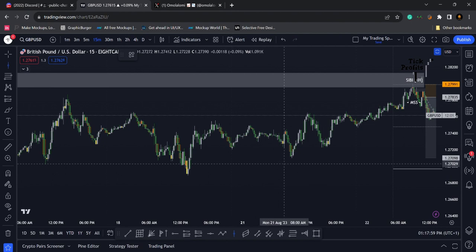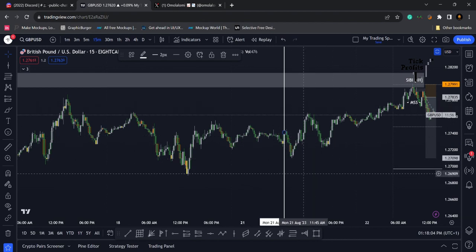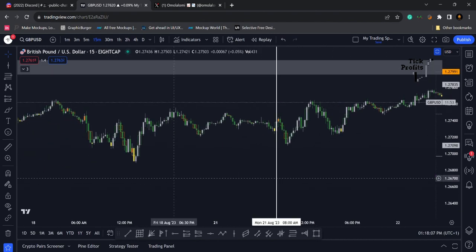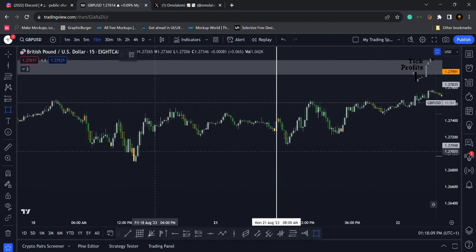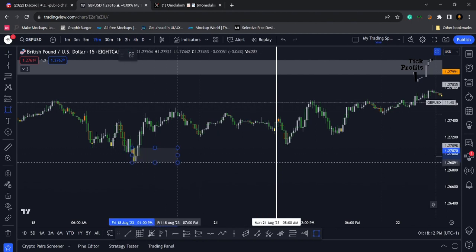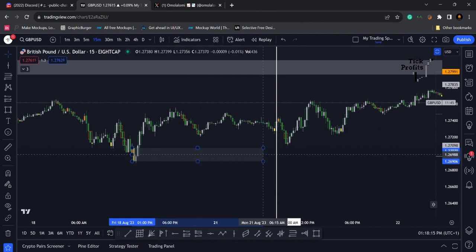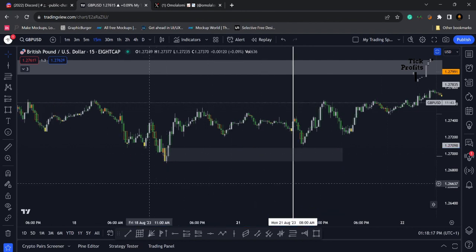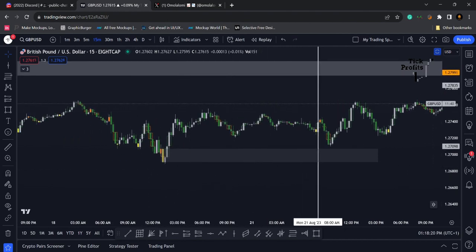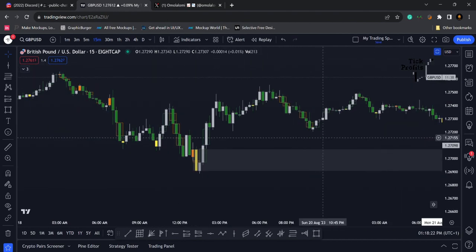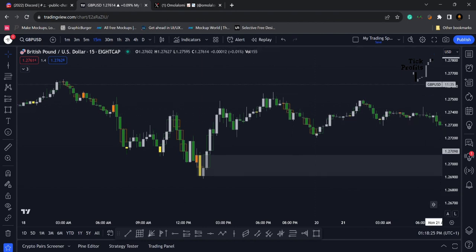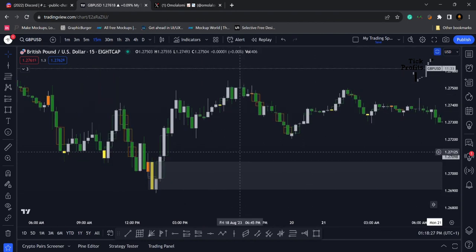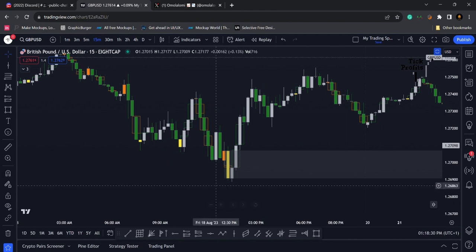So let's say the session started here, this line, but I saw this other block, and I also saw that we have a breaker block on this zone as well, which is this orange candle.